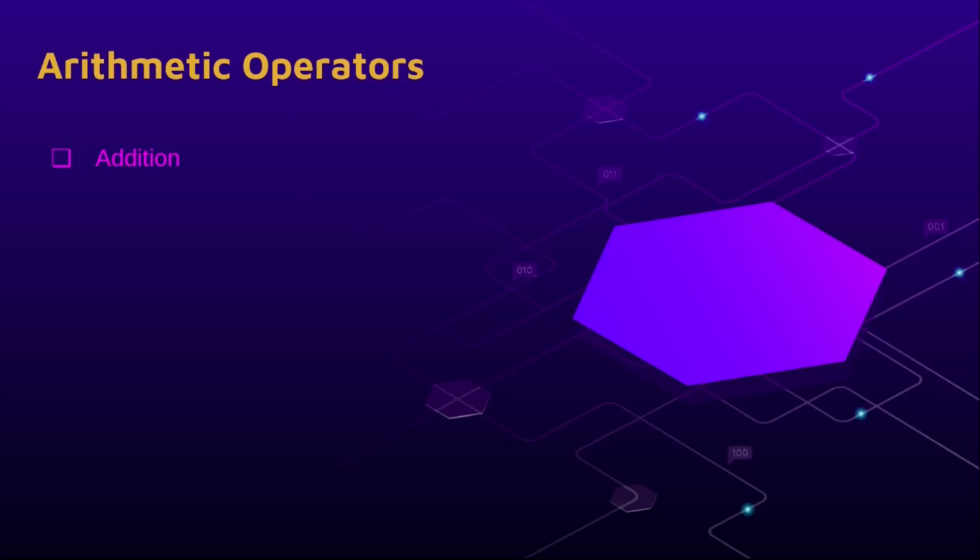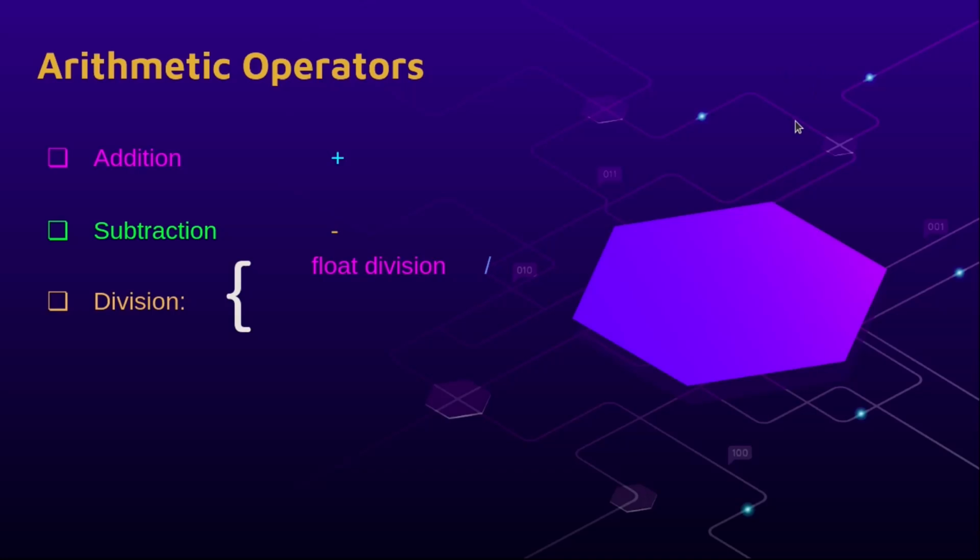So we have addition. This is just you adding numbers, right? You use a plus sign, so that doesn't change if you're from a math background, so you should be fine. Subtraction is the same thing, it's a minus sign, right? And then we have division. With division, we have two different types of division. We have float division, which uses the slash, and then we have integer division.